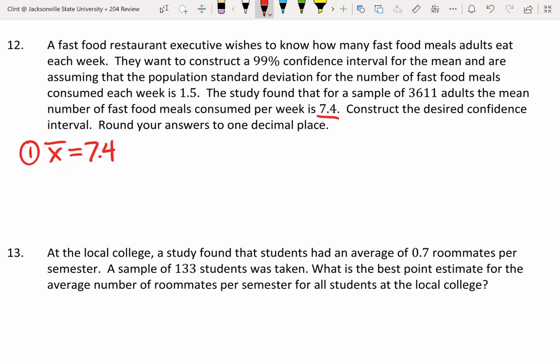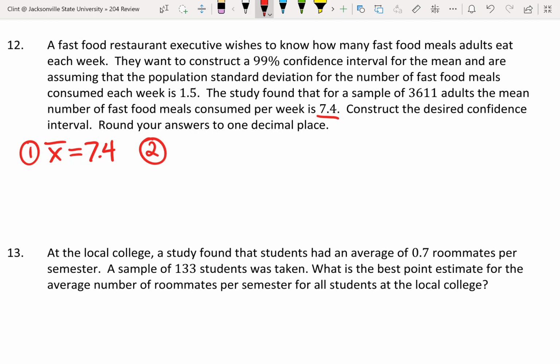Second thing, we need a margin of error. Okay, so margin of error, we've got several pieces to that. We've got 3 different margin of error formulas we need to be able to pick from. We have the one for the sigma known situation, we have the one for the sigma unknown situation, and then we have one for proportions. The proportions one, we can throw that out because we're dealing with means.